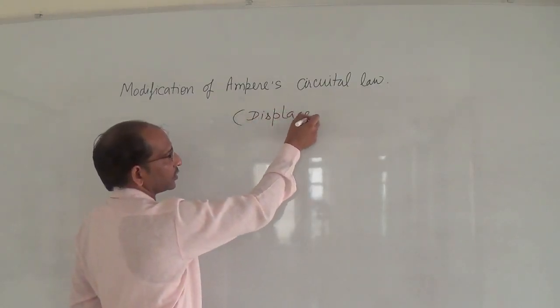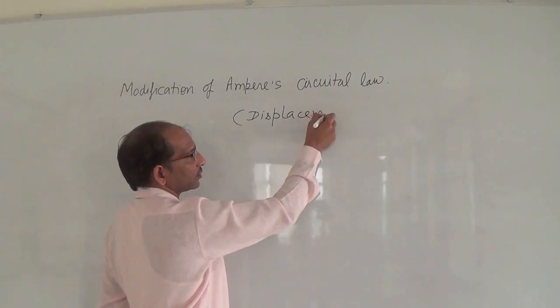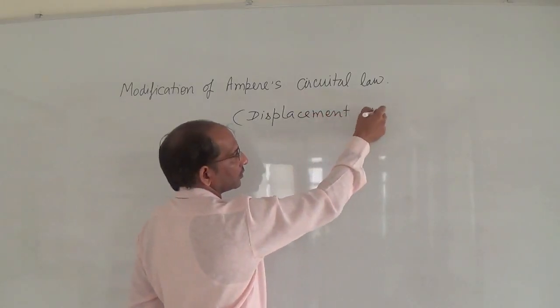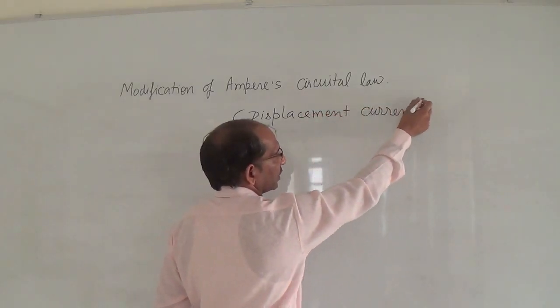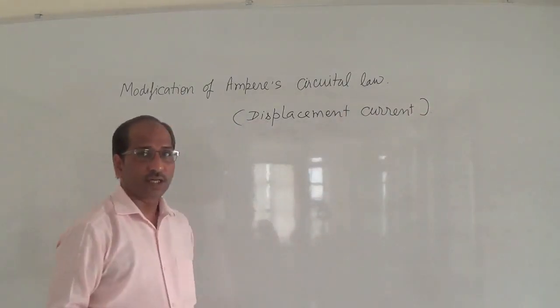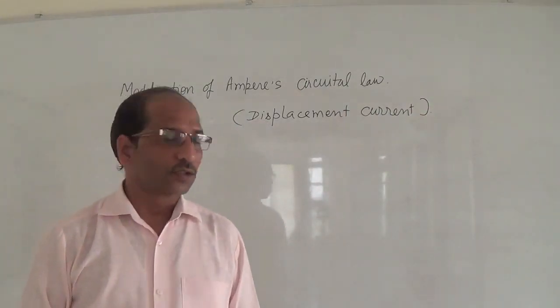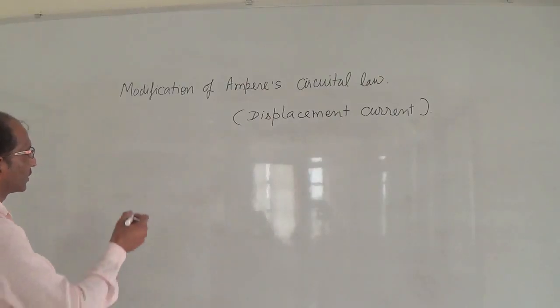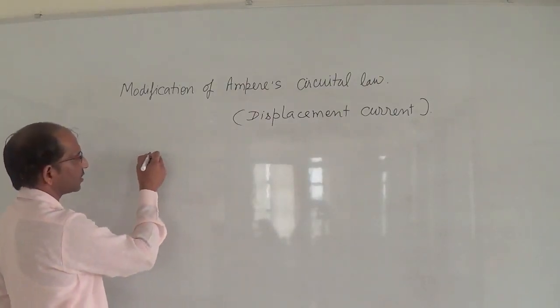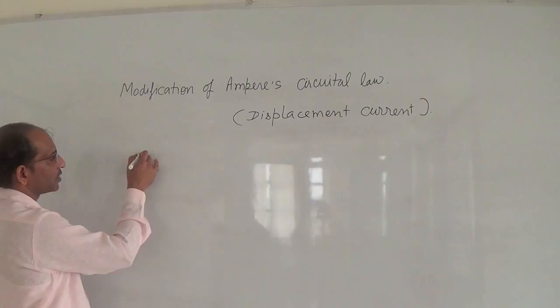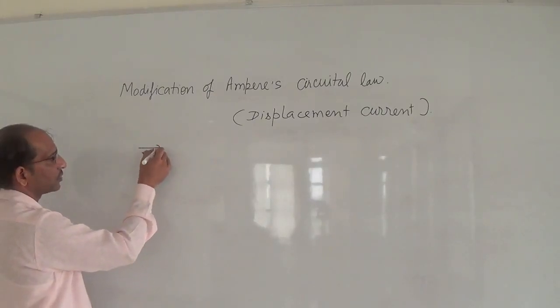So what is the nature of displacement current? How one can define it? These are some basic points. So for this purpose, we have considered here the Ampere's law in differential form.